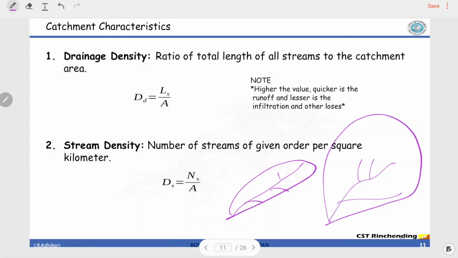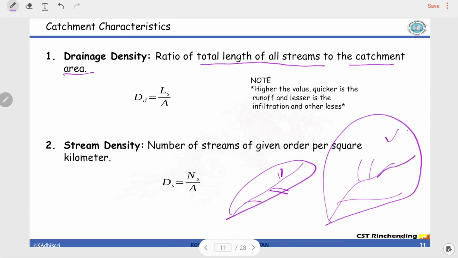The first one is the drainage density. It is the total length of all streams over the catchment area. You add the lengths, and the total length divided by the catchment area gives you the drainage density. Obviously the drainage density for a fan shape is going to be much higher than for an elongated one, because here the water has to travel a way longer distance.